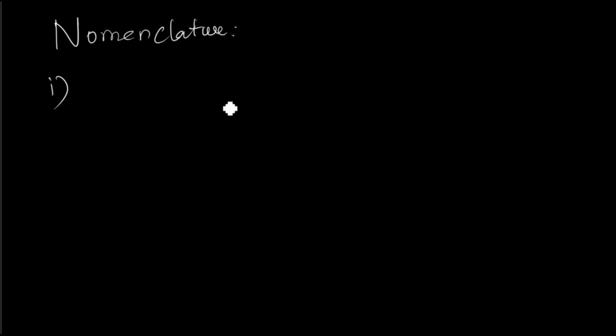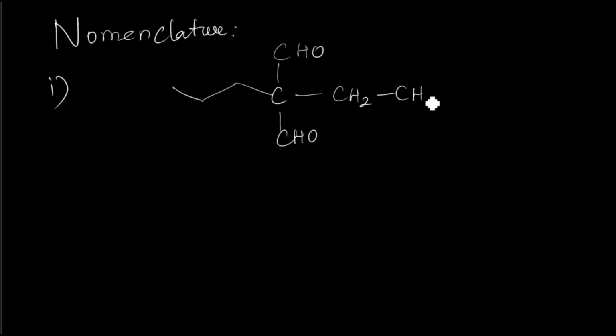For the complex one, let's say I have a compound like this: CH3, CH2, CH2, then C with CHO and another CHO, then CH2, CH3. How do we have to name it? What is the name of this compound? If you know, just put it in.